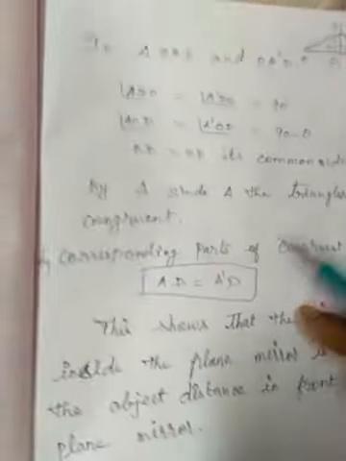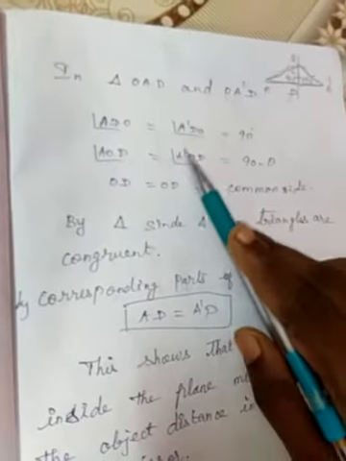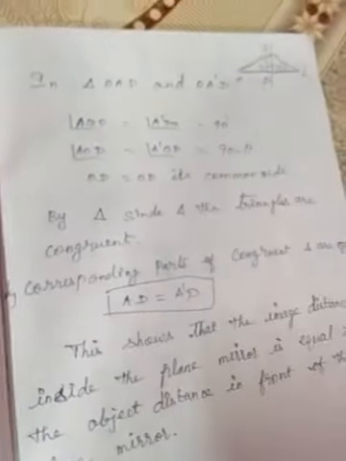Next, theta AOD equals A dash OD equals 90 minus theta.